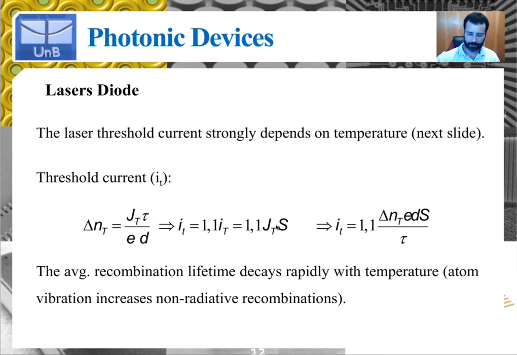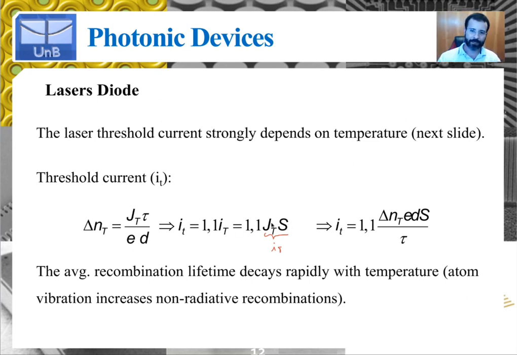So this is just another way to write the current I_T. It's equal to the current density times the cross-sectional area, the area of the cross-section that's perpendicular to the current flow in the PN junction.